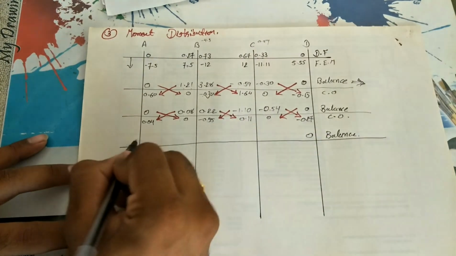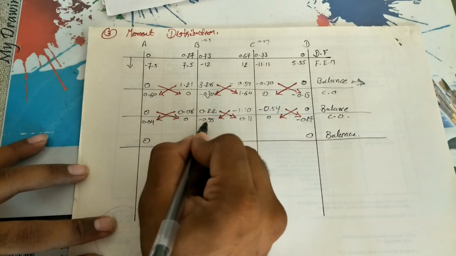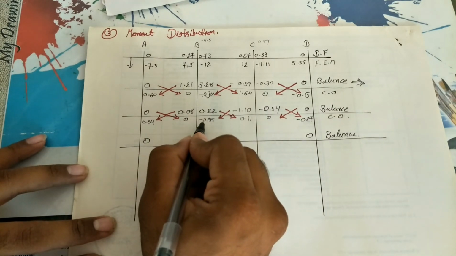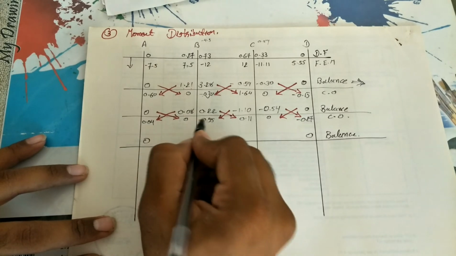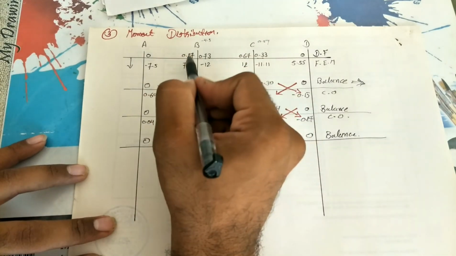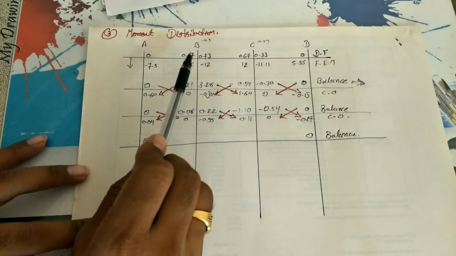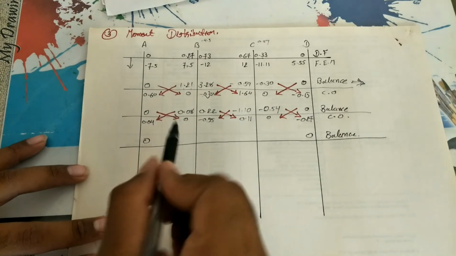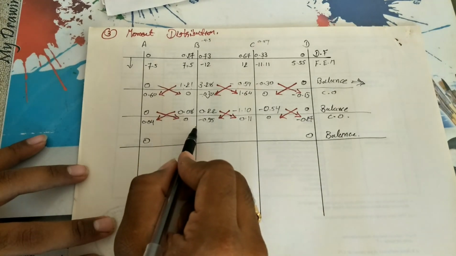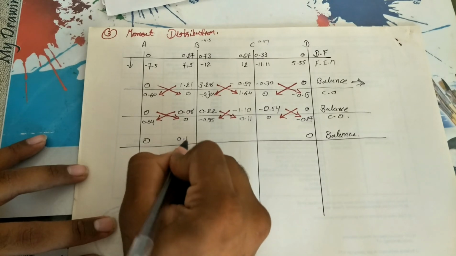Again initially assume 0 0, addition of this, so 0 plus minus 0.55, so that is minus 0.55 multiplied with 0.27 and 0.73. You are getting a minus answer, but the opposite of that you have to write, that is a plus answer, 0.15.